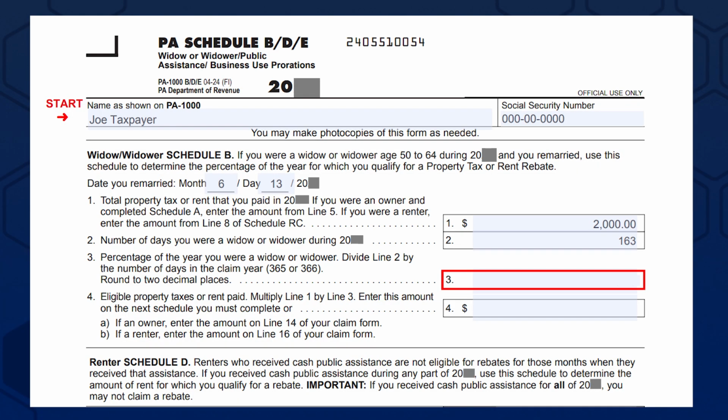Now, to determine the percentage of the year that the applicant was a widow or widower, divide the number of days listed on line 2 by the total number of days in the application year. Normally, an application year has 365 days unless it was a leap year, in which case you would use 366 days.